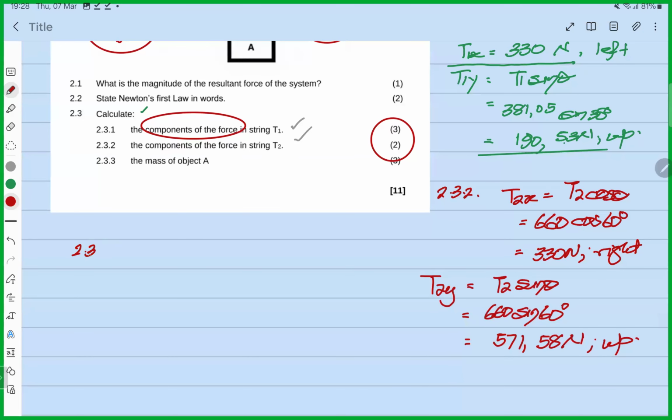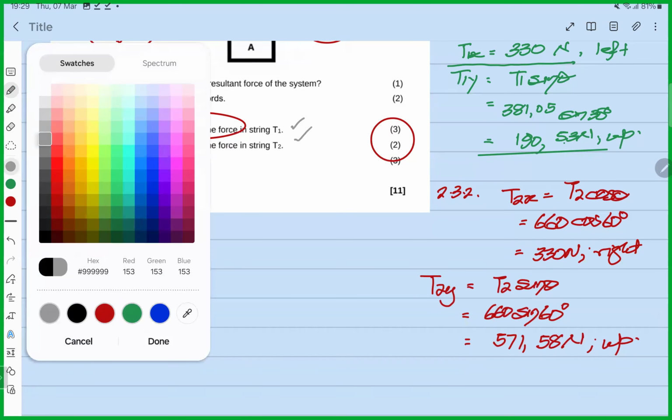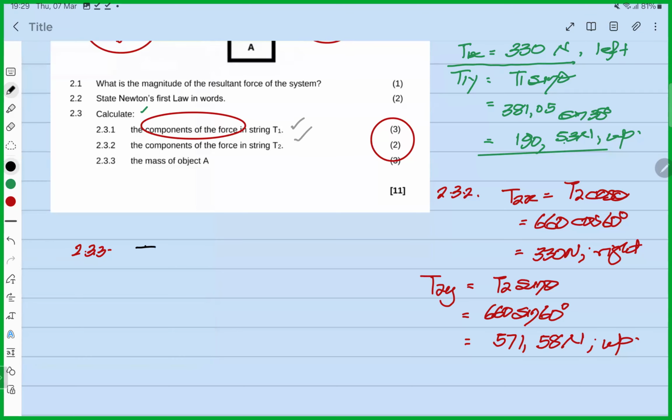2.3.3. T1y plus T2y is equal to the gravitational force of A. So T1y plus T2y is equal to the mass of A times g. T1y, we worked it out, 190.53.